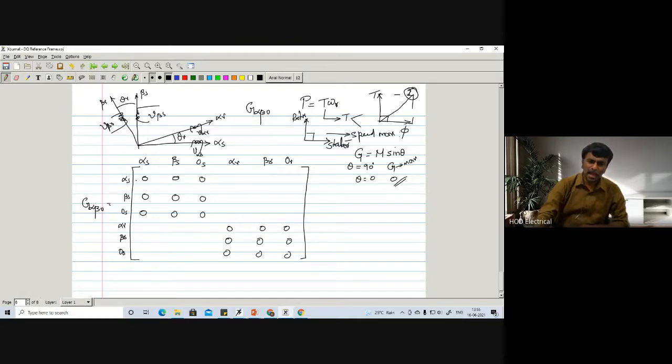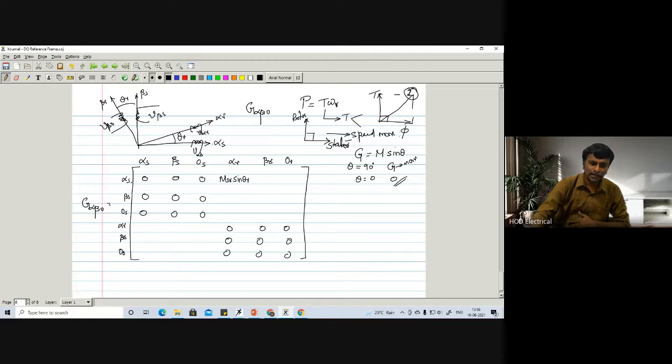Now we can say alpha S, alpha S, you can write it as alpha S alpha R. So this is alpha S alpha R. We can write M S R into sine theta R. Let me take some space. That is M S R into sine theta R. Then what we have?